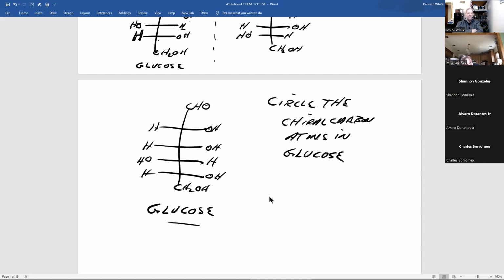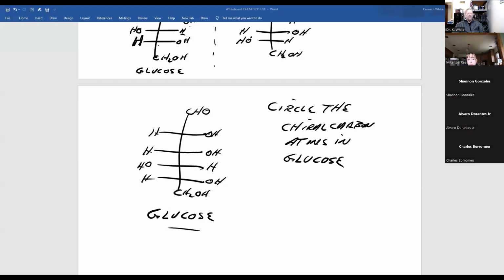If this were part A, remember, every intersection of a line is a carbon.